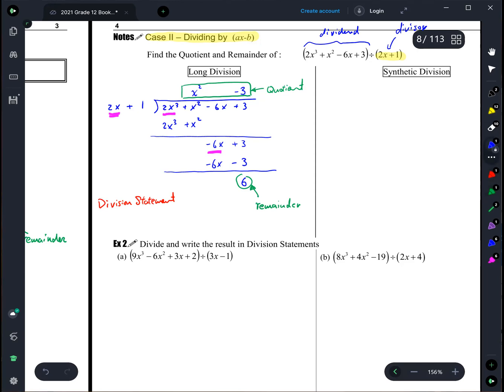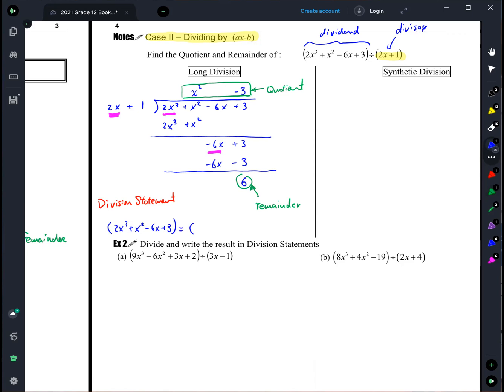We start with the dividend, whatever is inside, and it equals the quotient times the divisor, added with the remainder.